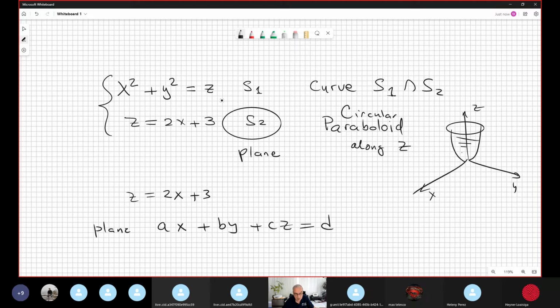In this case y is missing, but I don't care because not necessarily in a plane is every variable present. B is 0, A is 1, and D is 3. It's a plane. And a line in 3D is x equals y equals z, you know that.